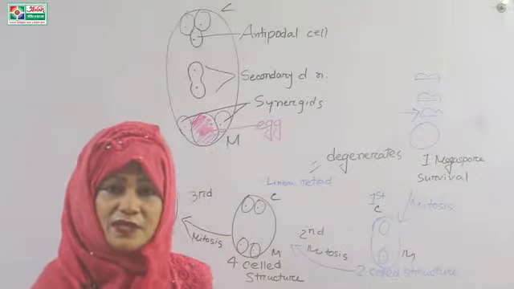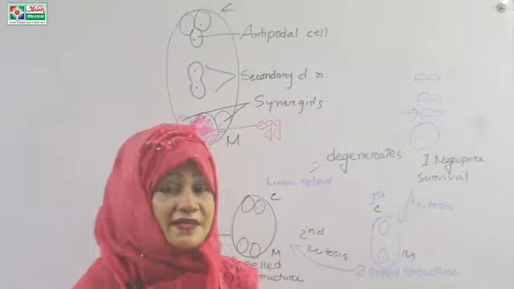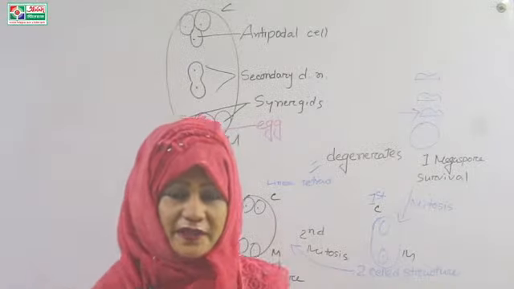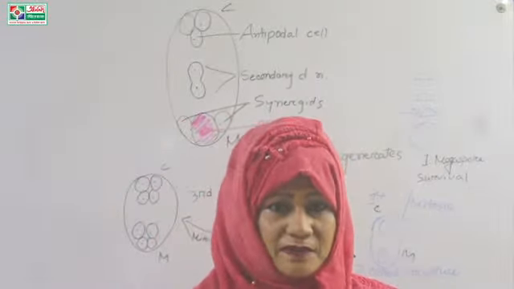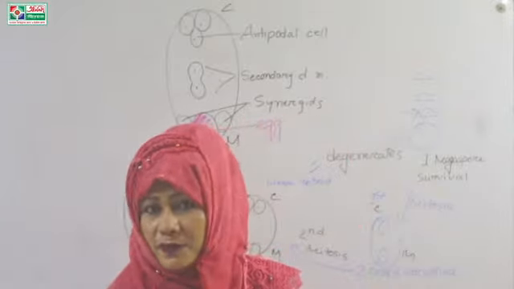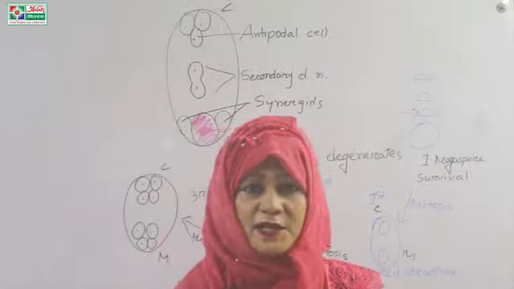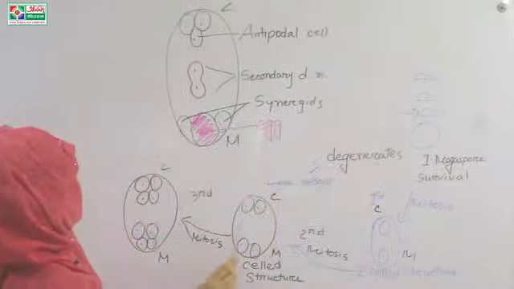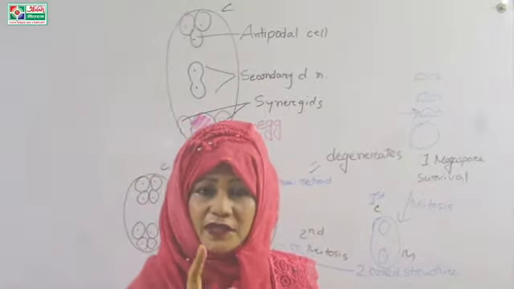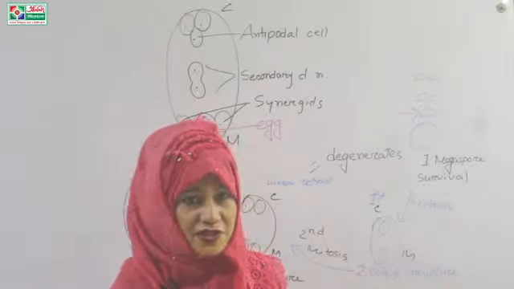Secondary diploid nucleus. What is its function? Secondary diploid nuclei take part in the second fertilization. In this case, two fertilizations will happen, first and second. So, secondary diploid nuclei take part in second fertilization.